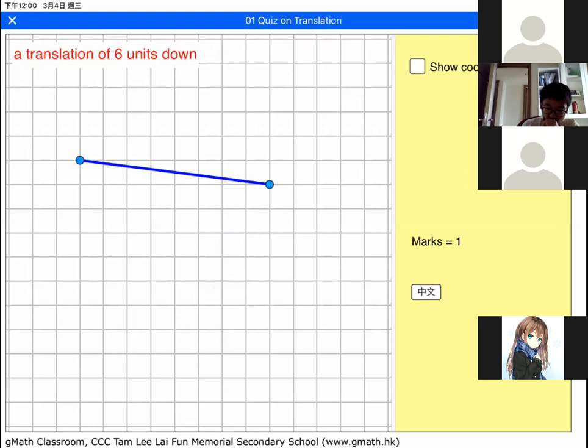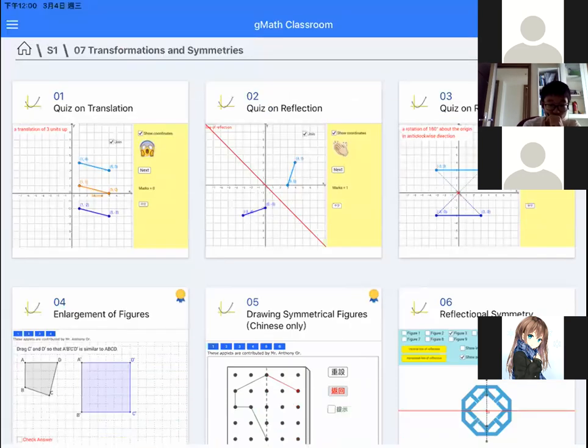A translation of 6 units down. I drag all the points downwards by 6 units, and then check the answers. You can try yourself. This is called translation: moving left or right, up or down. Upwards, downwards, right or left by how many units?